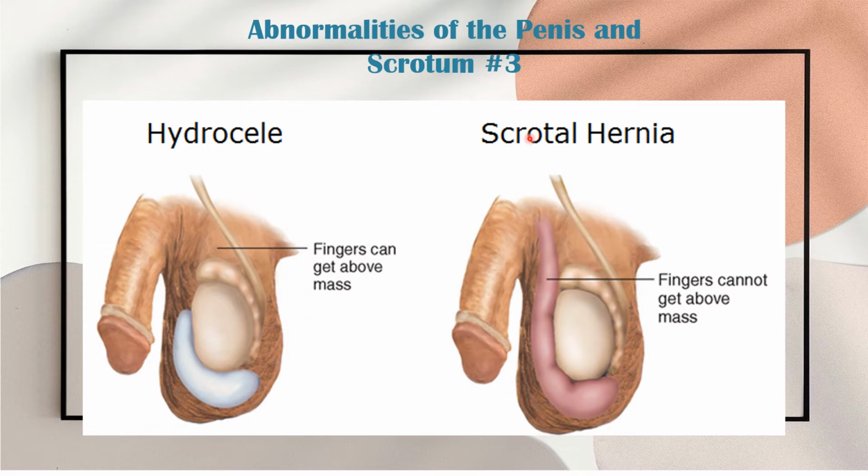Another abnormality here is the scrotal hernia, which is usually an indirect inguinal hernia that comes through the external inguinal ring, so the examining fingers cannot get above the mass.